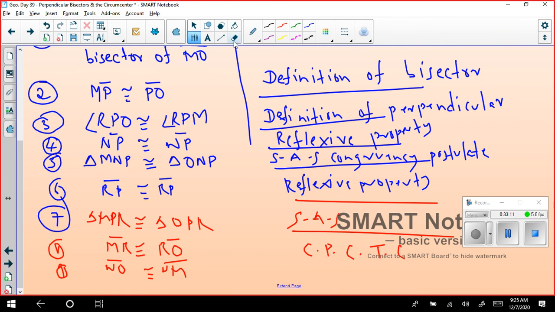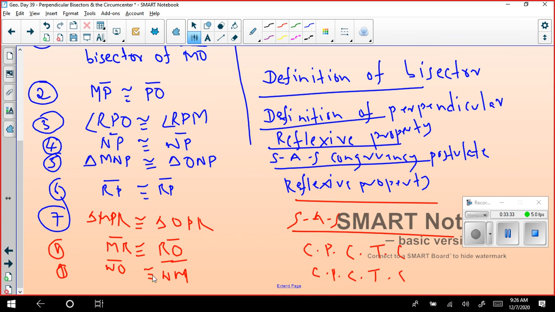Once again the same reason, CPCTC, which stands for corresponding parts of congruent triangles are congruent.